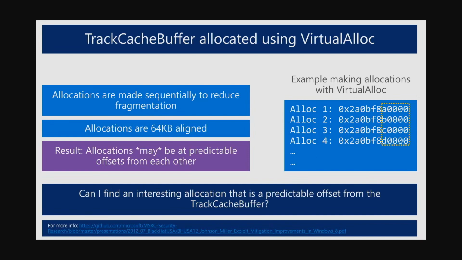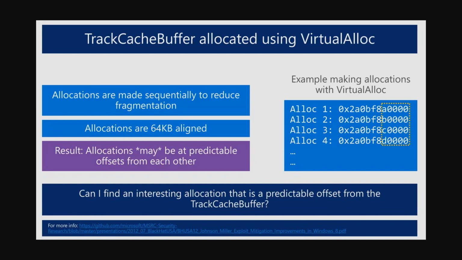So I have a little example here on the side where if you make a whole bunch of VirtualAlloc allocations, you will see that the address just grows 64 kilobytes at a time. Or if the allocation is bigger than 64 kilobytes, then it grows by a larger amount at a time. But they're all sequential.